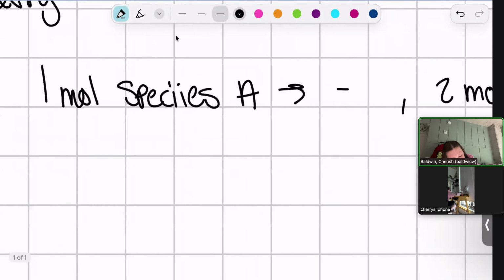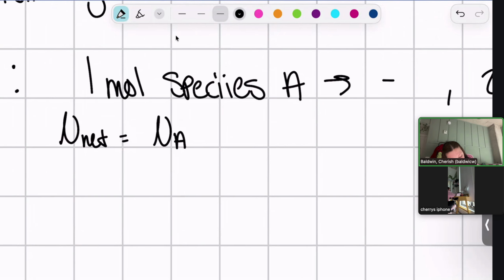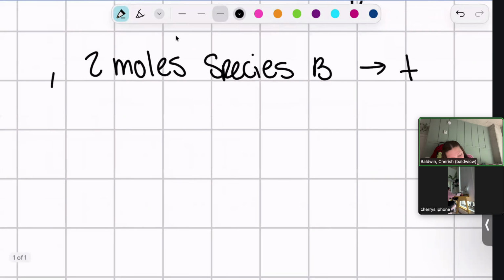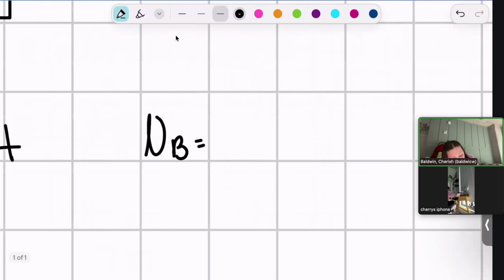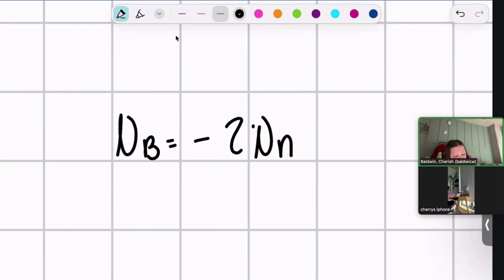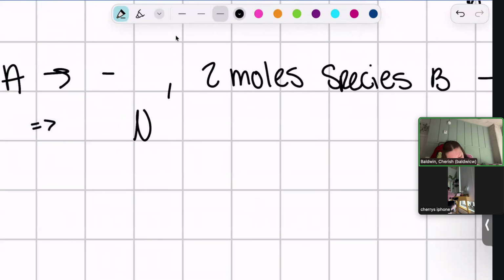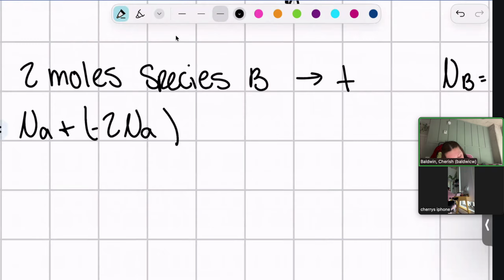So the relationship is that the molar flux of B is equal to negative 2 times the molar flux of A. Then we plug that in.